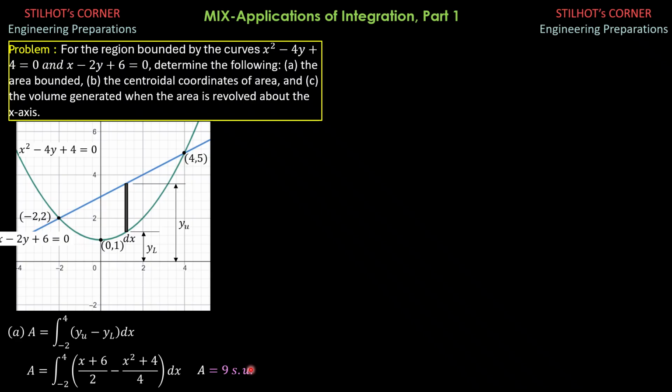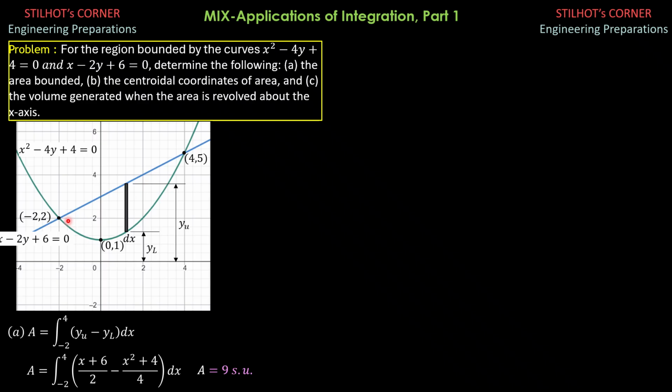We also verify that the area is really 9 by imagining that we have a vertical line here of length 1. This is 2 units and this is 4 units, and this is 5 minus 1, so 4 units. Imagine a trapezoid. The dimensions of the parallel sides would be 1 and 4, and the distance between the parallel sides is 6.